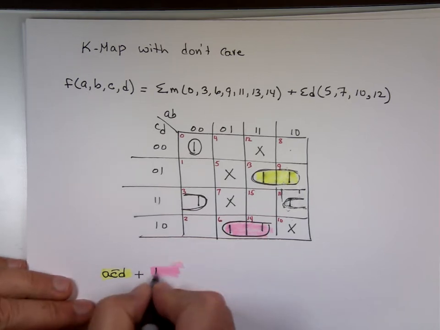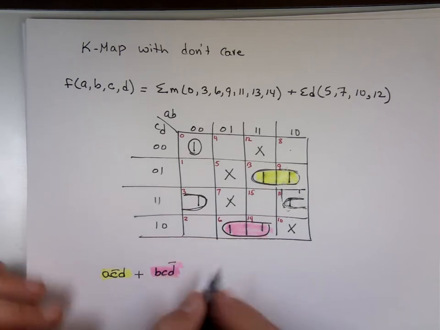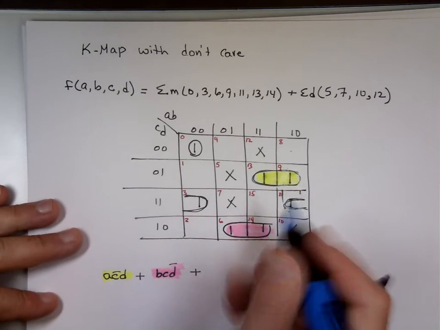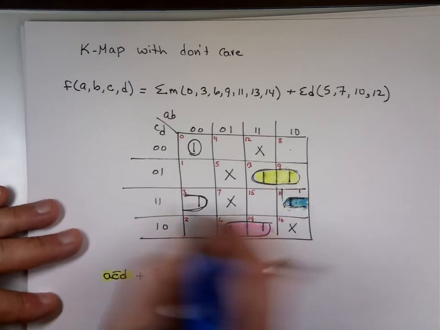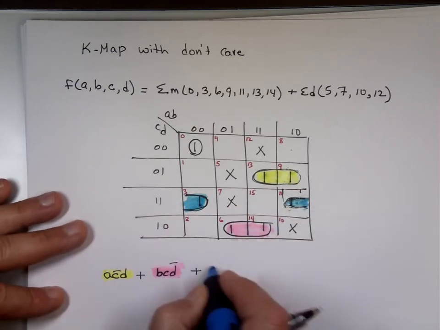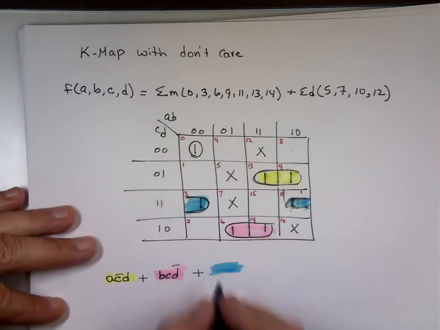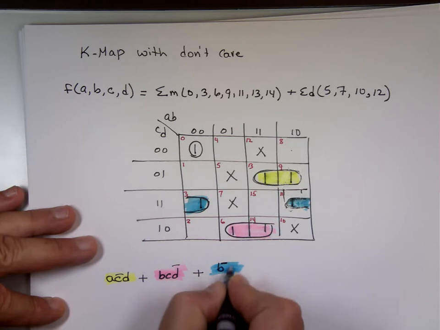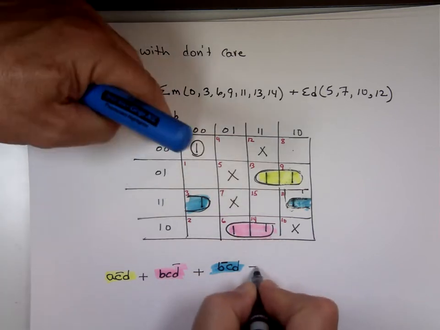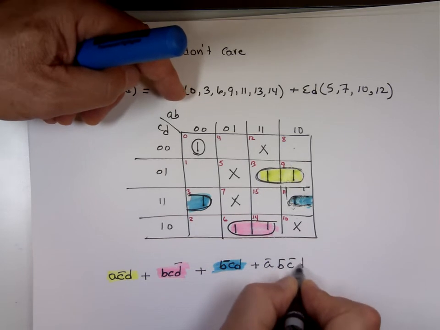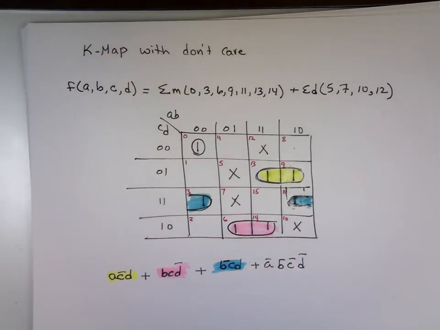B, C, D bar. I can take these two ones, the blue ones, and that will be B bar, C, D, and that you're going to take it by itself, A bar, B bar, C bar, D bar. So notice the don't care, we're not any help here in this example.